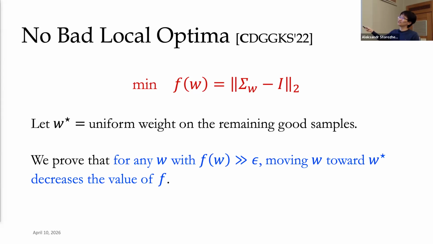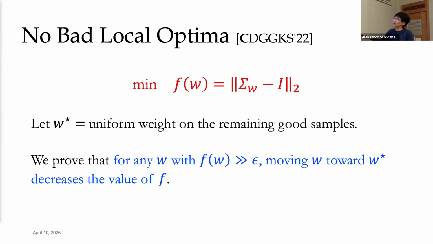So I can prove this fact: for any W, if F_W is larger than what I expect it to be, right? F_W can be a little bit positive due to concentration error. But if it's any larger than that, I can show you that no matter where you're standing, moving towards W star will decrease the value of F. Now it should be clear that if this blue statement is true, then this function has no bad local optima.